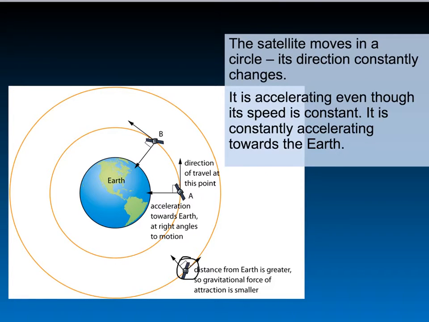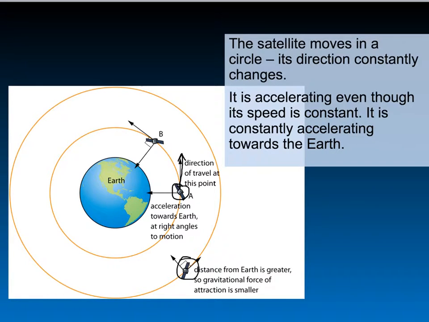Okay? Now what we're going to start talking about is the motion of satellites. Now satellites are constantly moving in a circle, so their direction is always changing. So we can see here, this satellite, when it is at point A, it is moving along that trajectory.